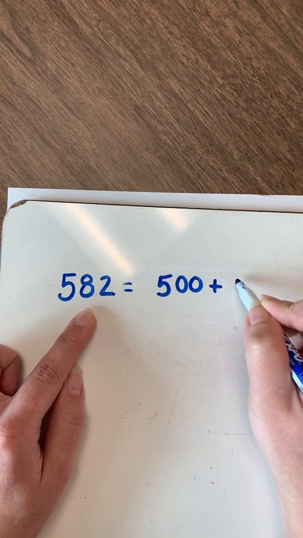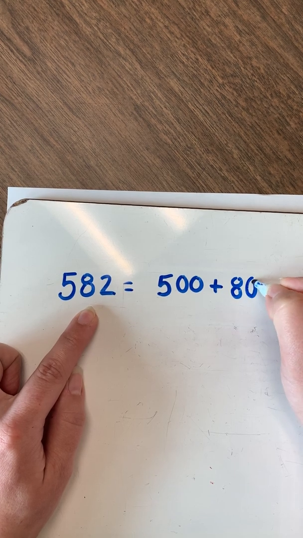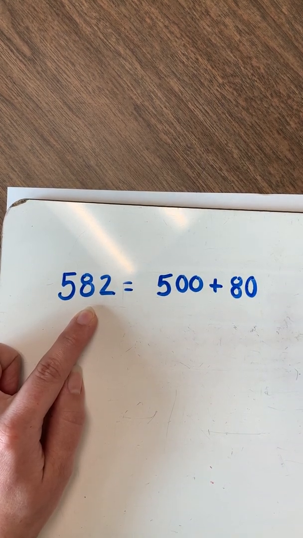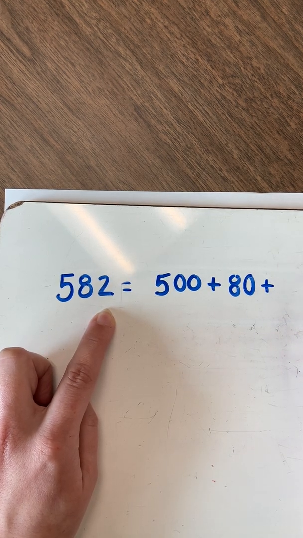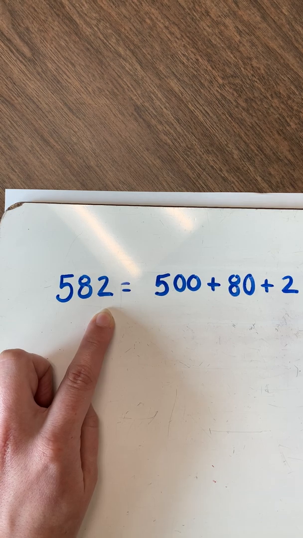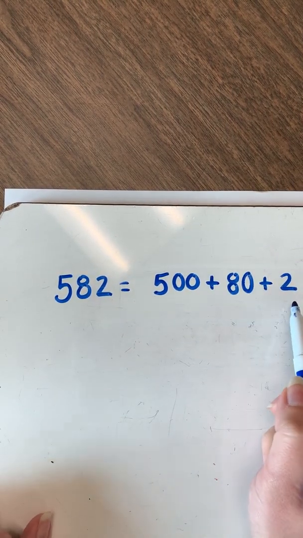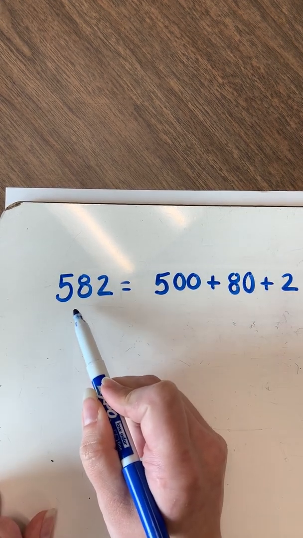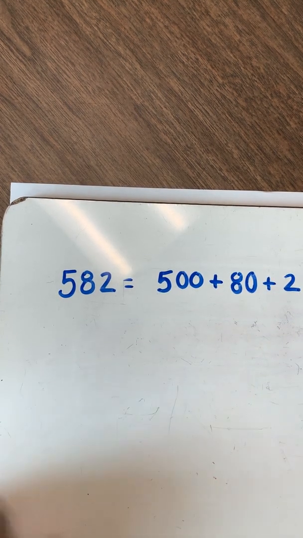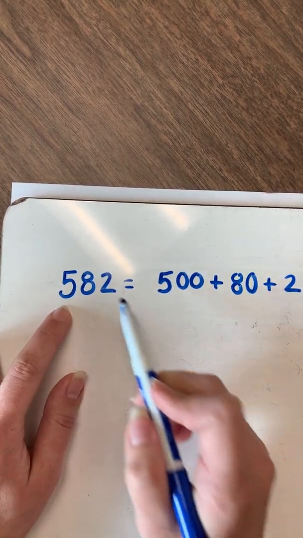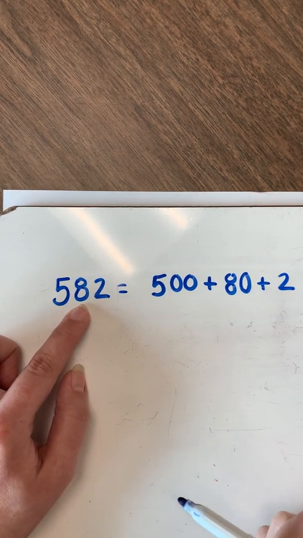How many tens? 8 tens. And how many ones? 2. 500 plus 80 plus 2 is equal to 582. You start with your number, fill in those zeros to fill the space.